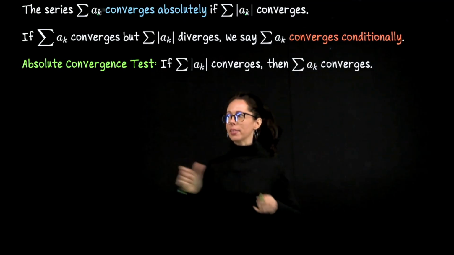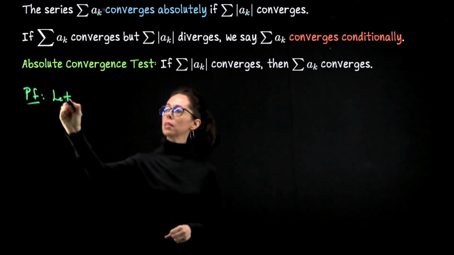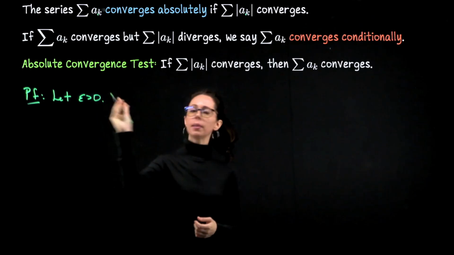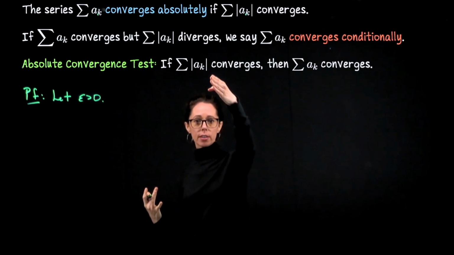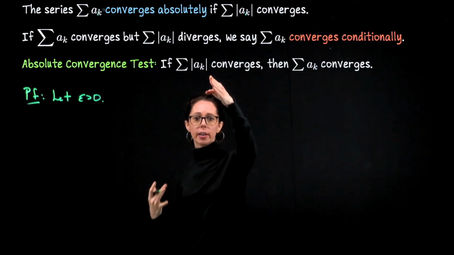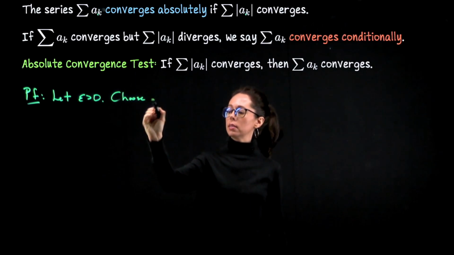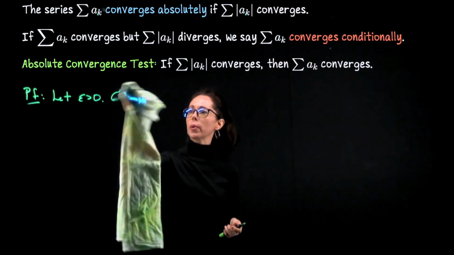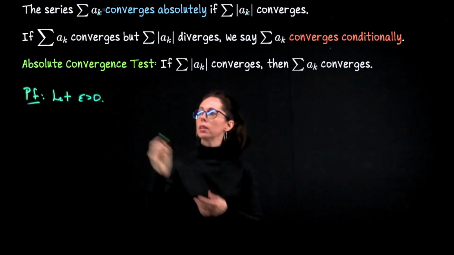Here's how I will write down this proof. Let epsilon greater than 0 be given. We already know that this series converges, so we can immediately apply the Cauchy criterion to it. Actually, let me make that clear since we have two series here. Don't want the reader to be confused.